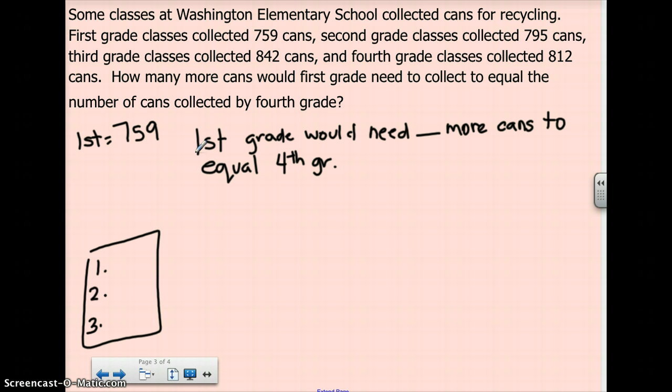First grade, 759 cans. Second grade, 795 cans. Third grade, 842 cans. And fourth grade has 812 cans.